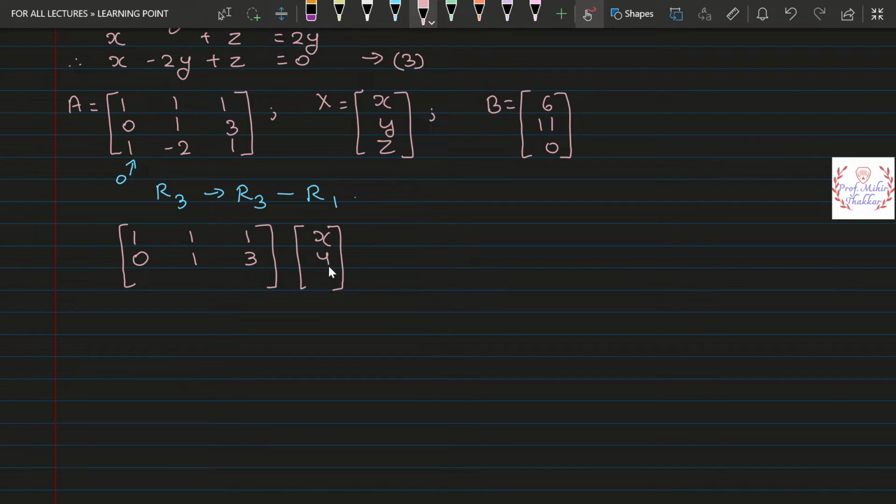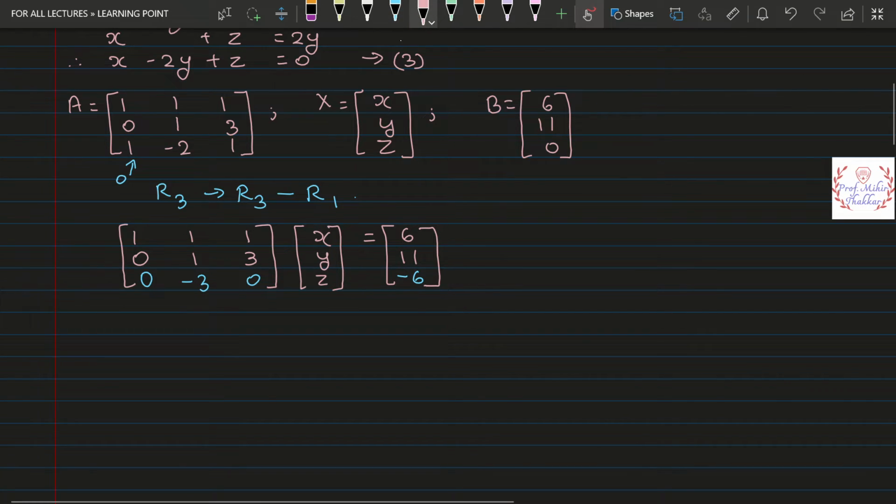X, y and z, all the variables will be copied down because transformations are not applicable on the variables, and on the right hand side we will just copy 6 and 11. Let us work out for the third row. I am having 1 minus 1. This is 0. Minus 2 minus 1 is minus 3. 1 minus 1 is going to be 0. On the right hand side 0 minus 6 is going to be negative 6.